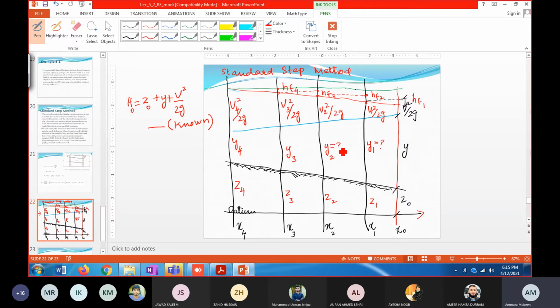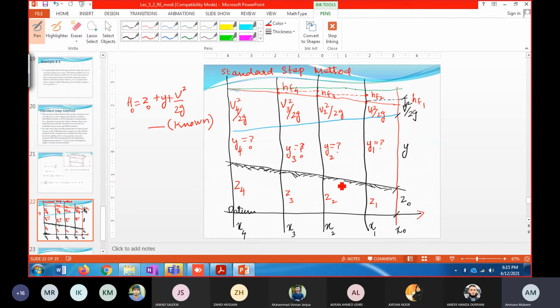Your aim is to get y1, y2, y3, and y4. In the standard step method, you are given the distances, but you are not given the depth. This you have to calculate.